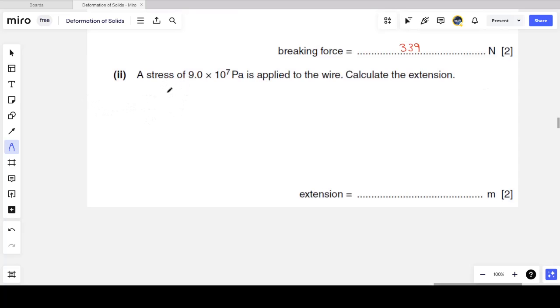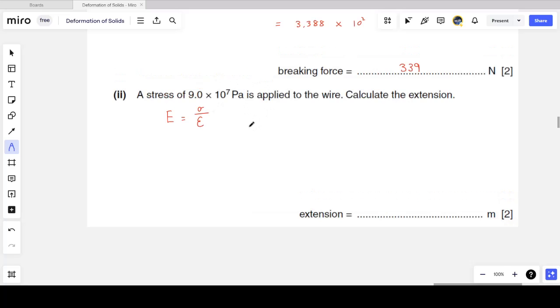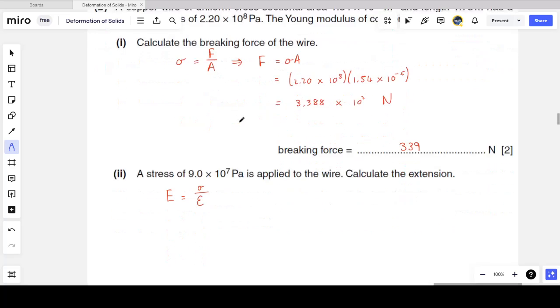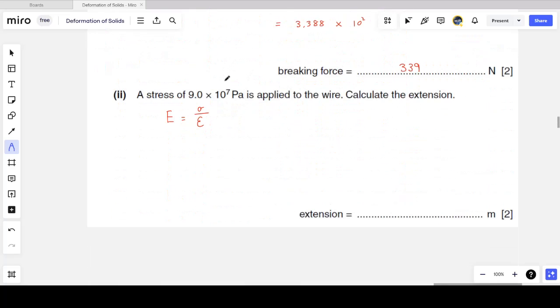I'm given Young modulus, so I'm probably going to need it somewhere. So I know that the Young modulus is stress over strain, stress over the value epsilon. But I'm not given the strain, I'm just told to find the extension. So what I can do is write the strain as its base equation, which is extension over original length.